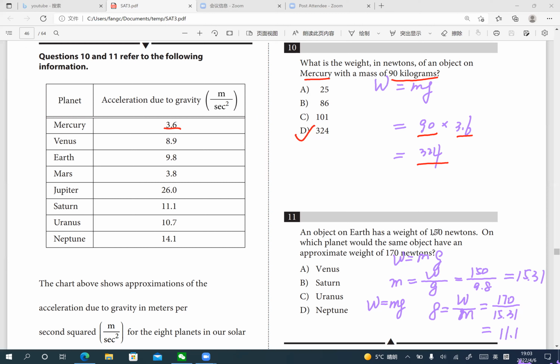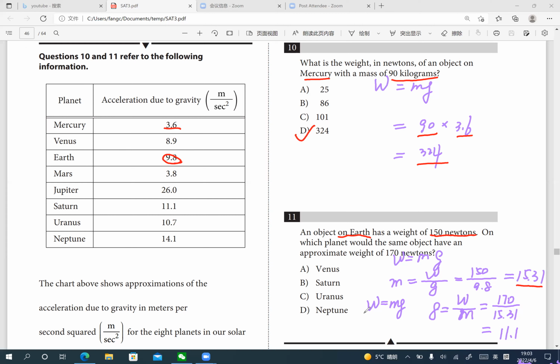And the weight given by the information is 150 newtons. I skipped the unit here. And the object is on Earth, and the acceleration on Earth is 9.8. So 150 divided by 9.8 is 15.31 kilograms.